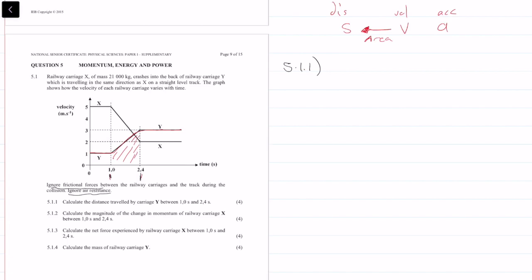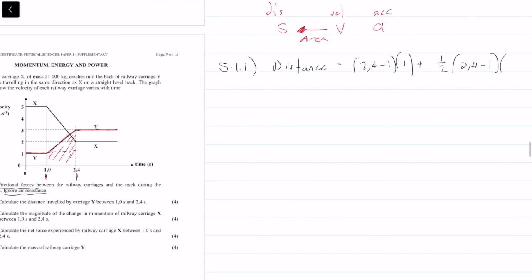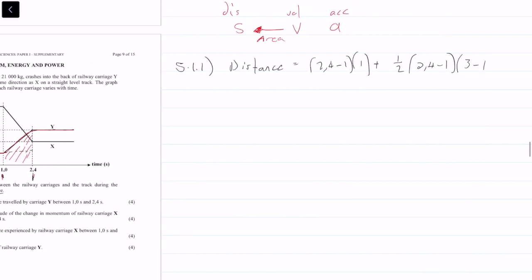Writing it out, the distance is equal to, I'm going to break this down into blocks. It's going to be 2.4 minus 1 times a height of 1, plus we've got a triangle, which is a half times our base, 2.4 minus 1, times our height, which is 3 minus 1, which is 2.